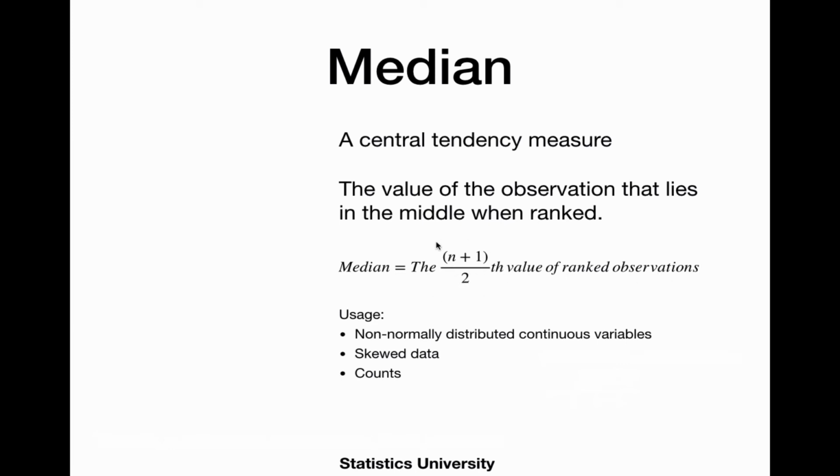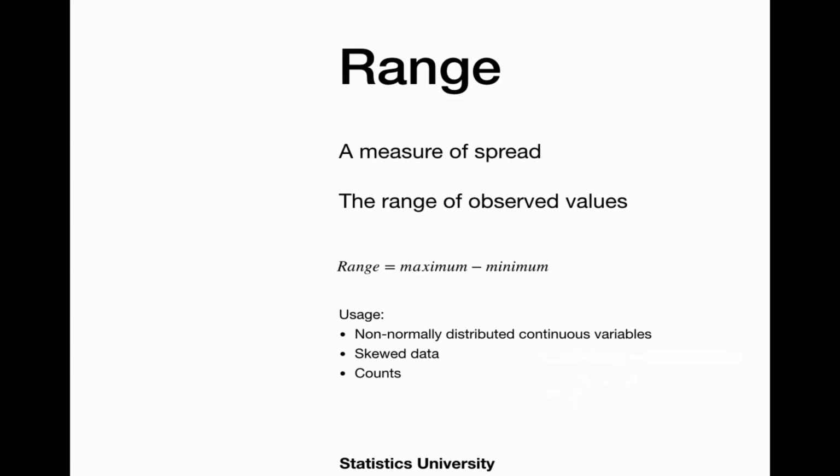And this formula actually solves the problem of calculating a median in even and uneven number of observations. So we can use them in non-normally distributed continuous variables, skewed data, and counts.